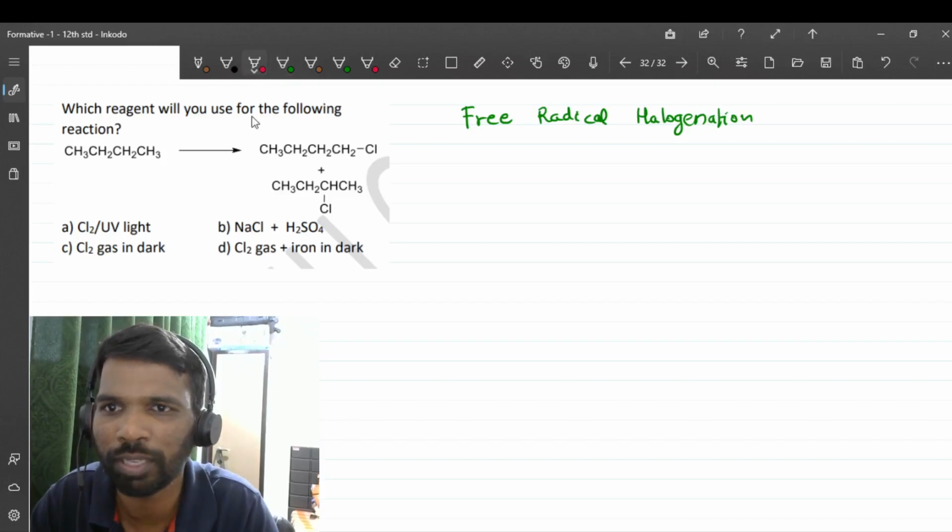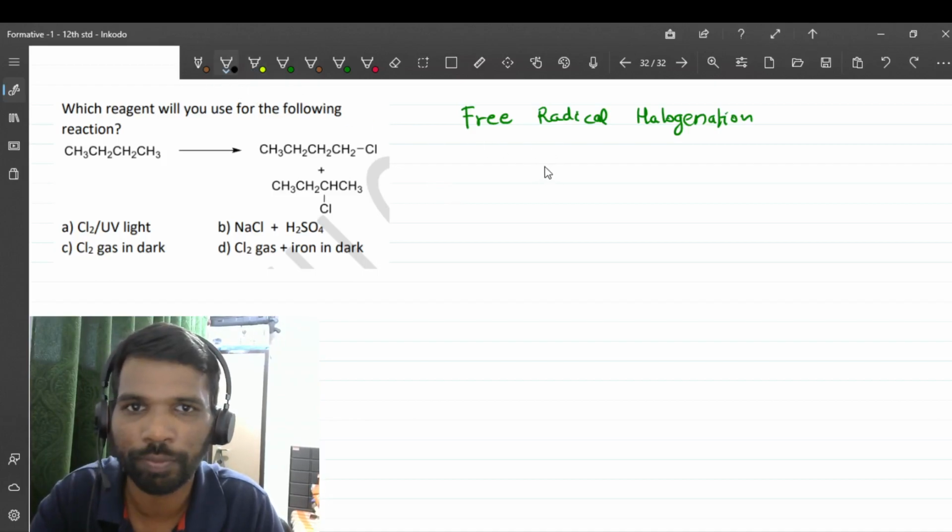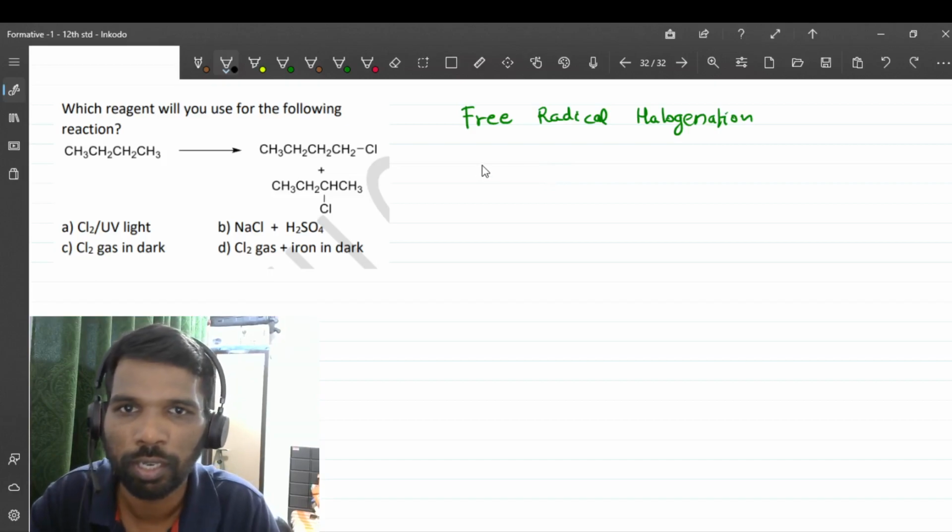This is something you can always remember: for homolytic cleavage to happen, you should use UV light. I'll tell you about the cleavage, the breaking of bonds.